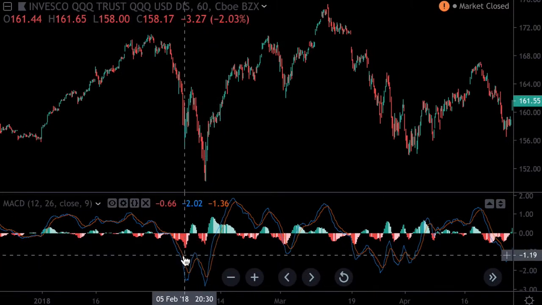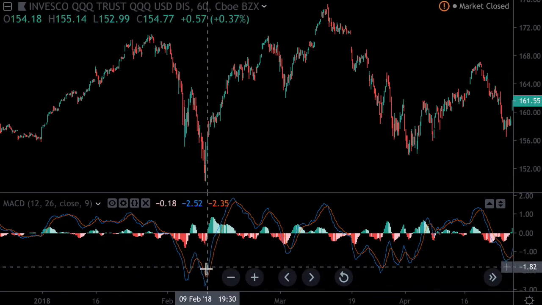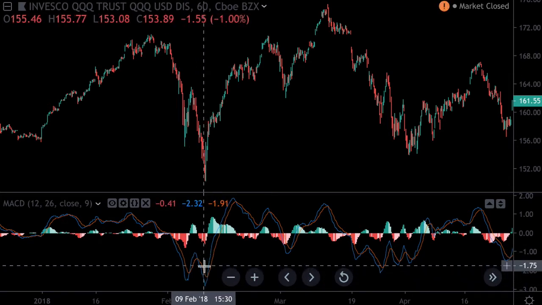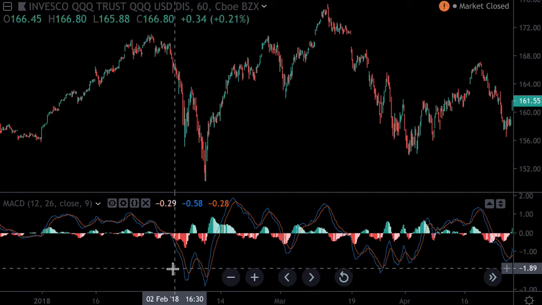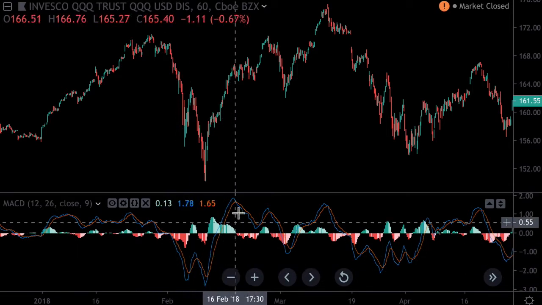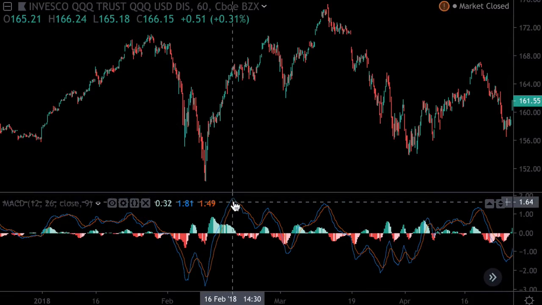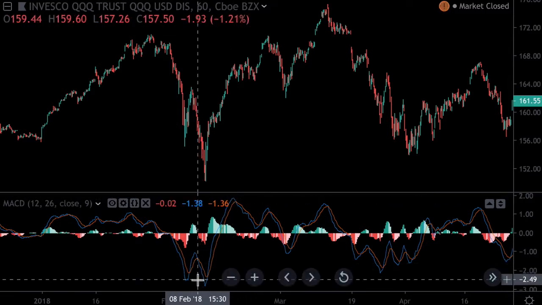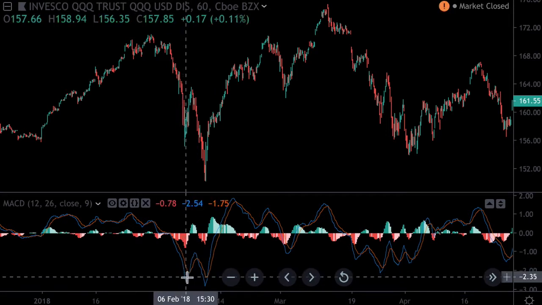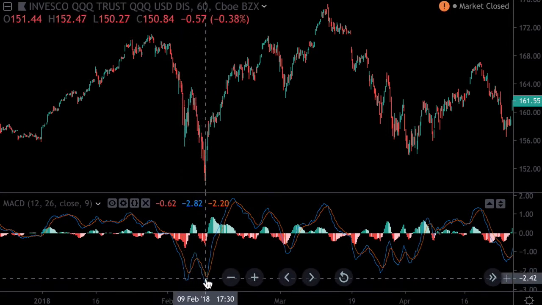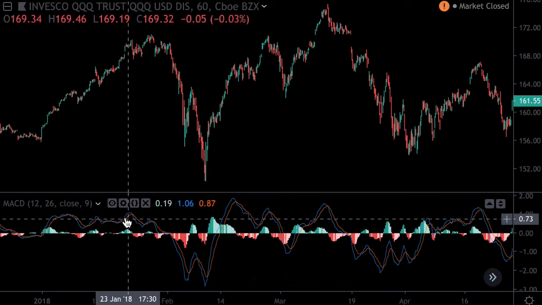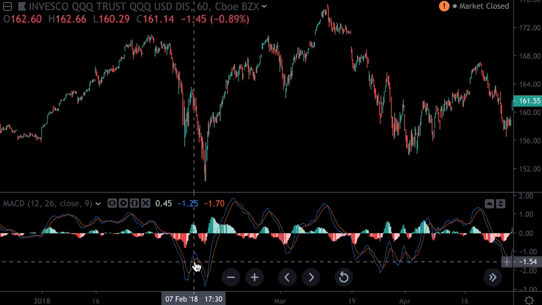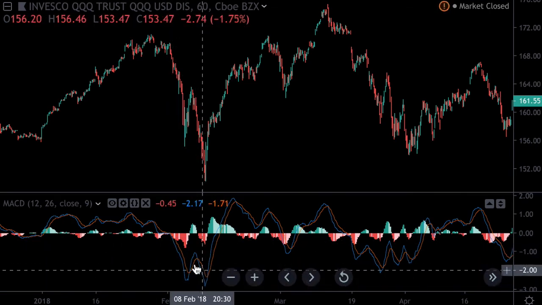You can see right here, for example, on the hourly chart, you have this crossover at an extremely low reading on the MACD, and that's one thing that I like to say: when the MACD is at extremes, like close to 2, here it's at 2.5, and it crosses over, it almost always ends up following with a big move, just because the momentum has gone way too much in one direction.